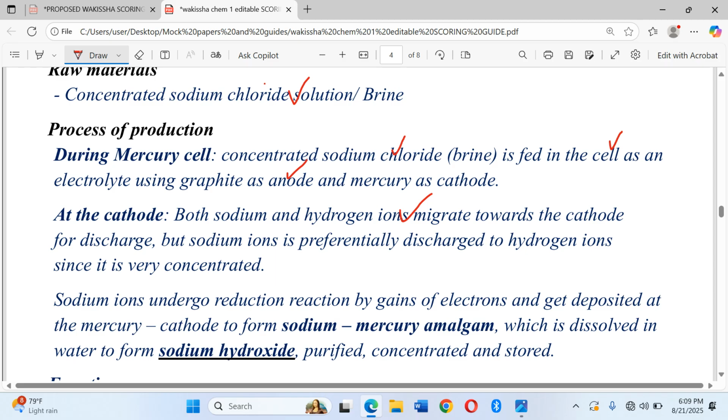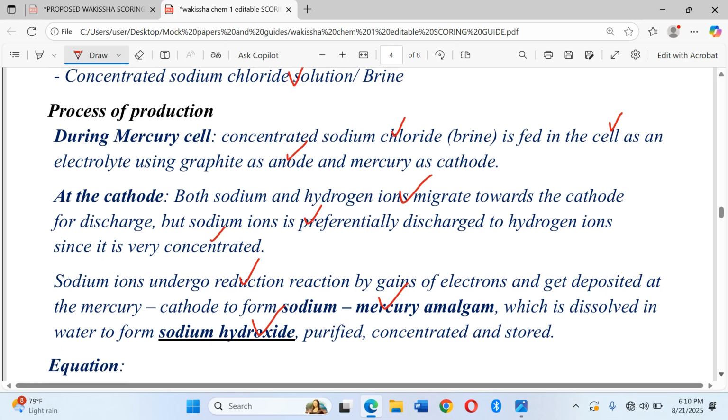But sodium ions are preferentially discharged to hydrogen ions since they are very concentrated. So the sodium ions undergo reaction by gain of electrons and get deposited at the mercury cathode to form sodium mercury amalgam, which is dissolved in water to form sodium hydroxide, purified and concentrated and stored.